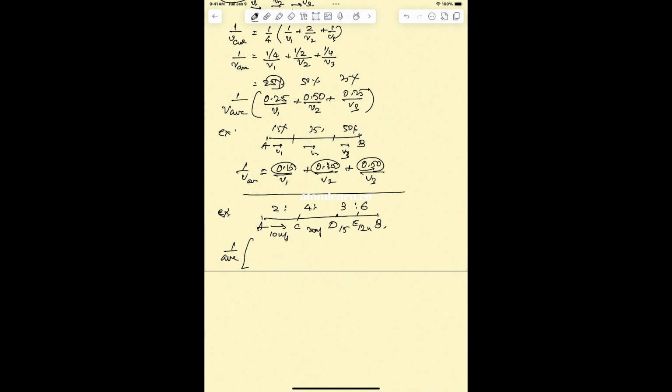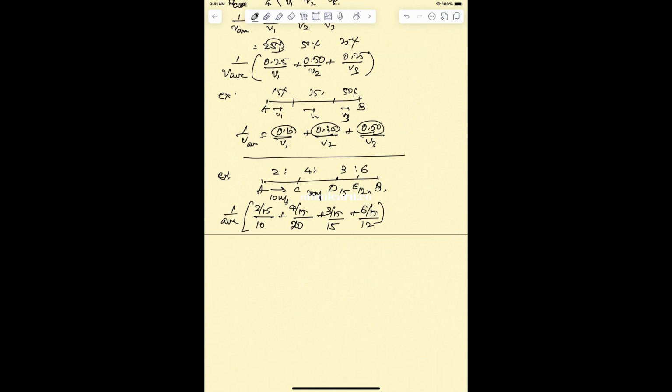What is the fraction here? 2 plus 4 is 6, plus 3 is 9, plus 6 is 15. So 2 by 15 fraction with the velocity 10, plus 4 by 15 fraction with 20, plus 3 by 15 fraction with 15, plus 6 by 15 fraction with 12.